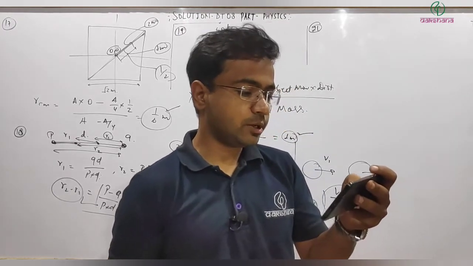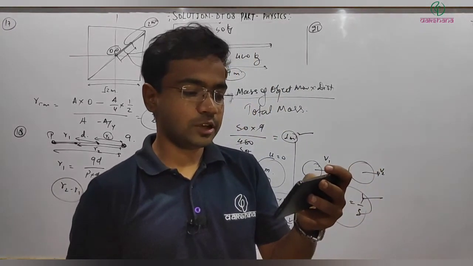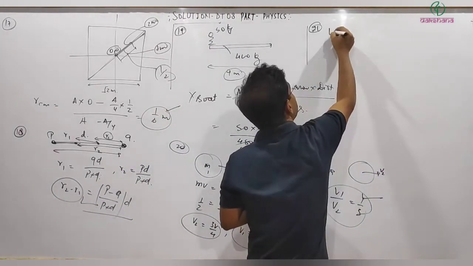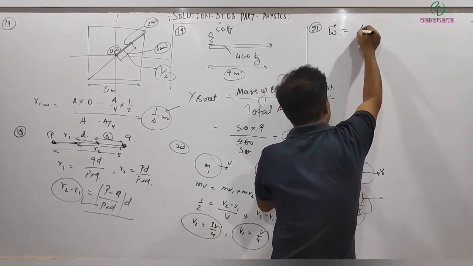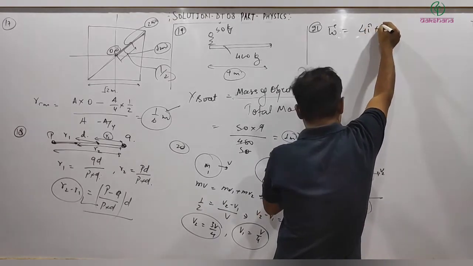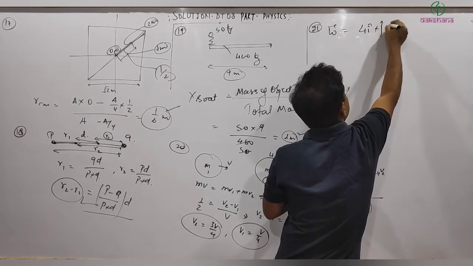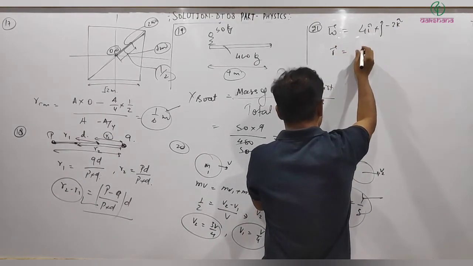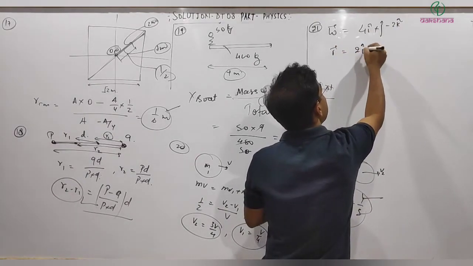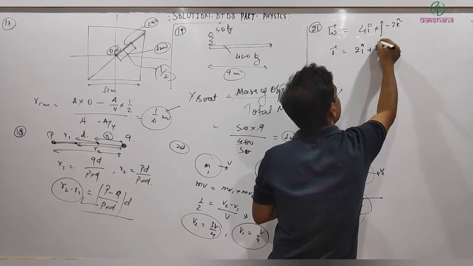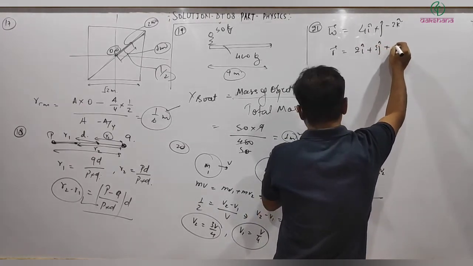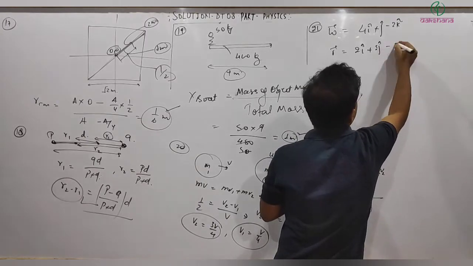The angular velocity of the rotating body is omega, and we need the linear velocity of the body whose position vector is given. Here omega bar is given as 4 i cap plus j cap minus 2 k cap. The position vector of the point or object is 2 i cap plus 3 j cap minus 3 k cap.